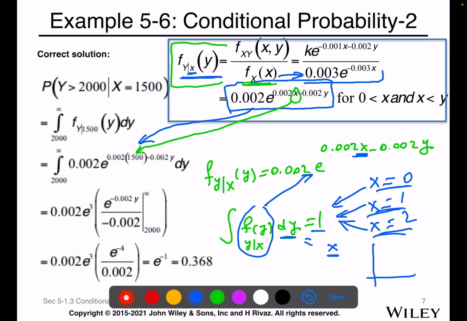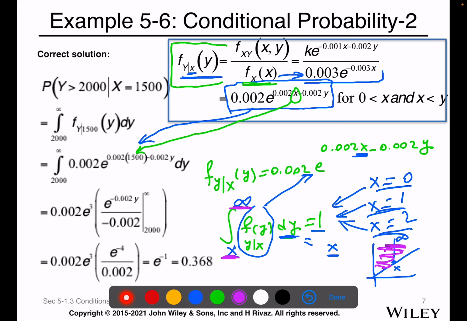But the additional thing is that the range for y is from x to infinity. So I have an x here, in fact. The range of my y is from x to infinity because this function was actually defined in this area only, it wasn't defined everywhere. So the bounds of my integral are from x to infinity.